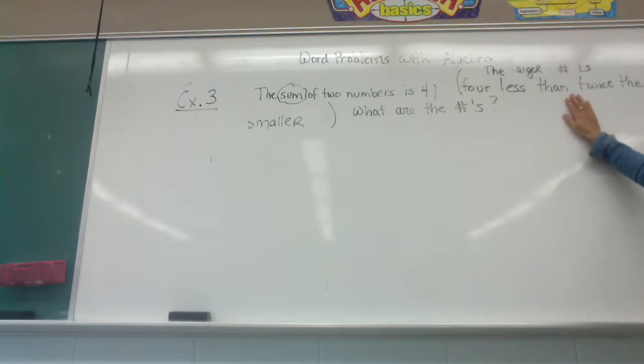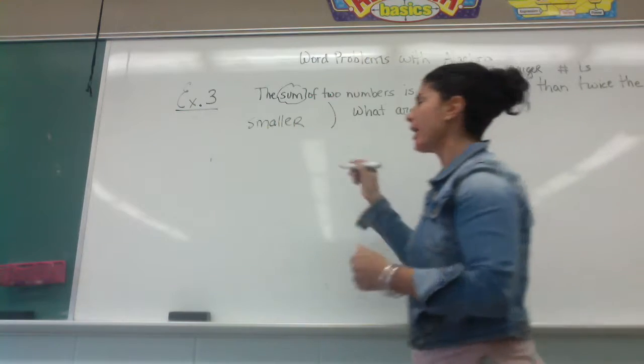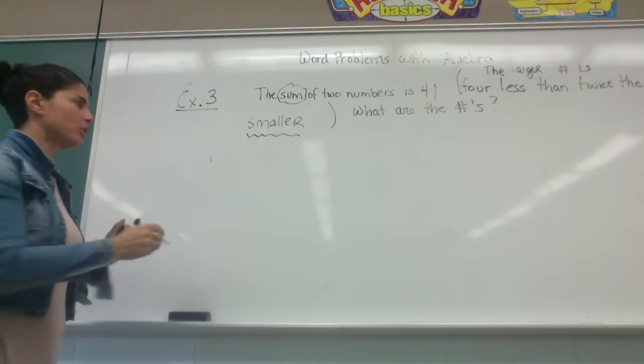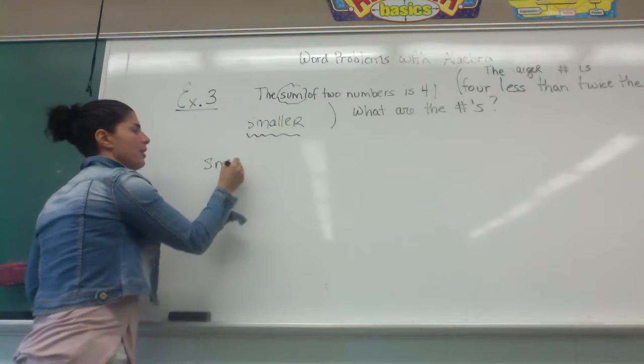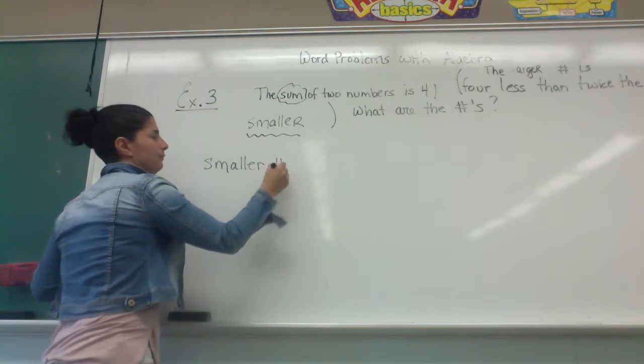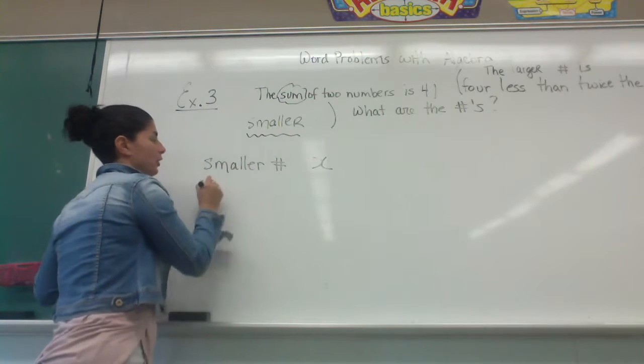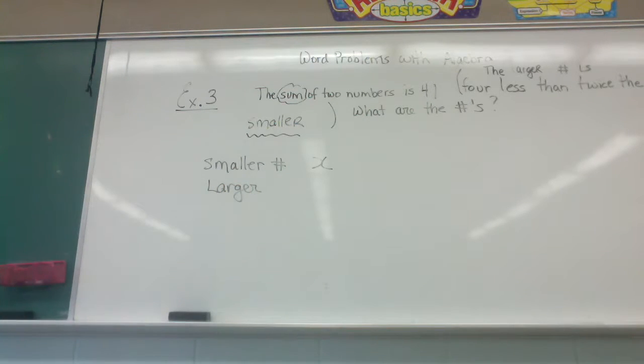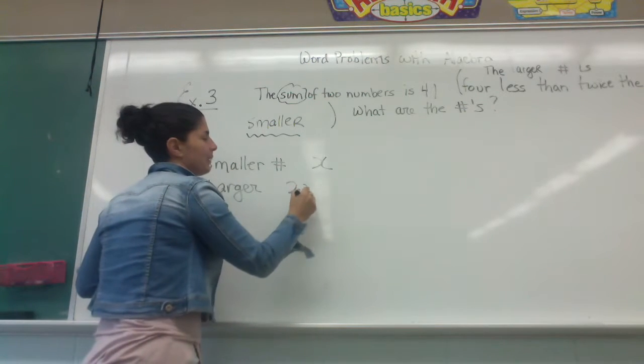So looking at the second sentence, which happens to be where they're comparing, let's underline the x, the one that we know the least amount. So the smaller number happens to be x, and the larger will be 2x.